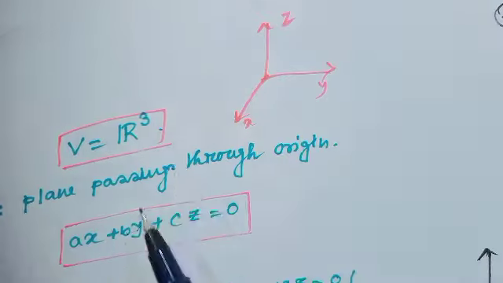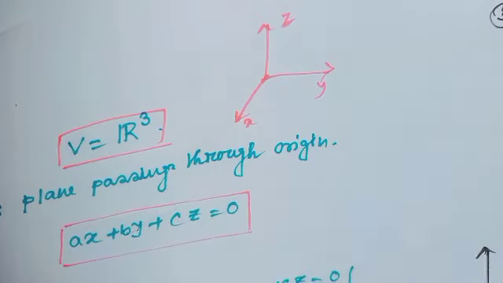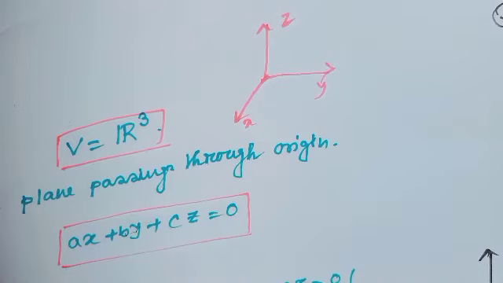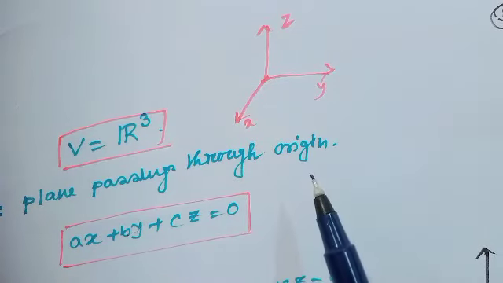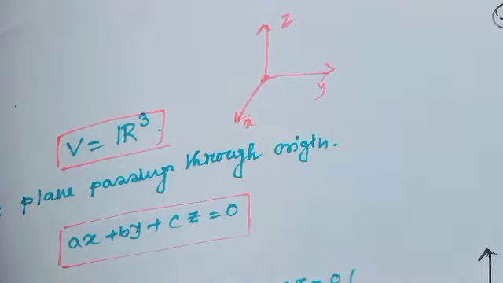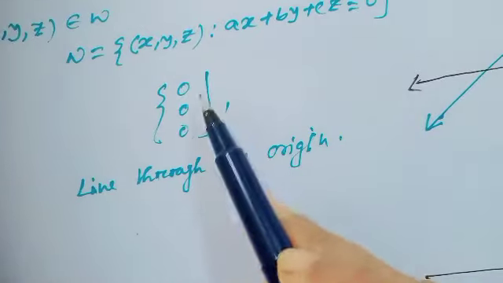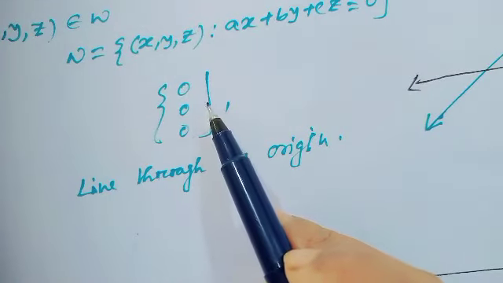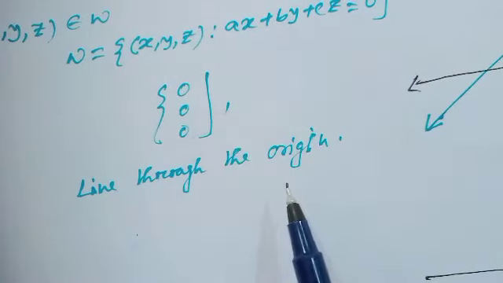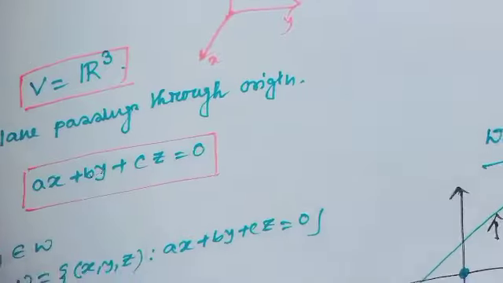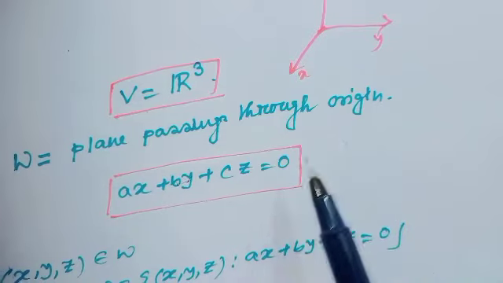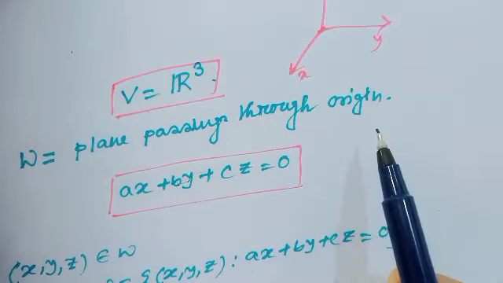the vector space R2. Consider the space V equal to R3. Here the subspaces are: the set which contains only the 0 vector, lines passing through the origin, and also planes which pass through the origin.